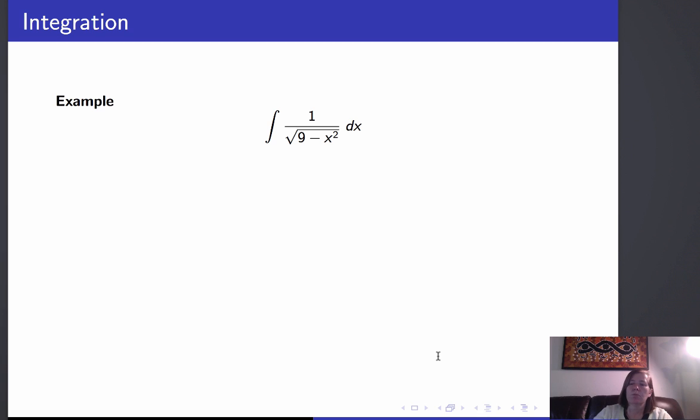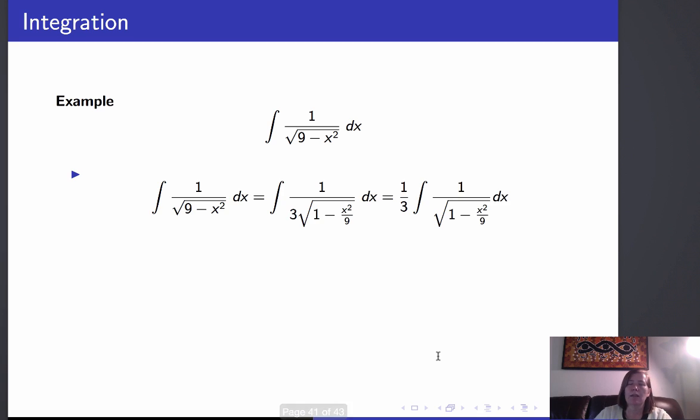Well, we should perhaps take the 9 out from under the square root sign. 9 minus x squared is 9 times 1 minus x squared over 9. And then when we pull the 9 out from under the square root sign, it becomes a 3. So we can reshape our integral as 1 over 3 times the integral of 1 over the square root of 1 minus x squared over 9.